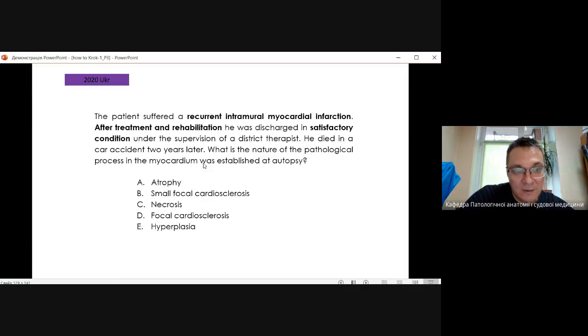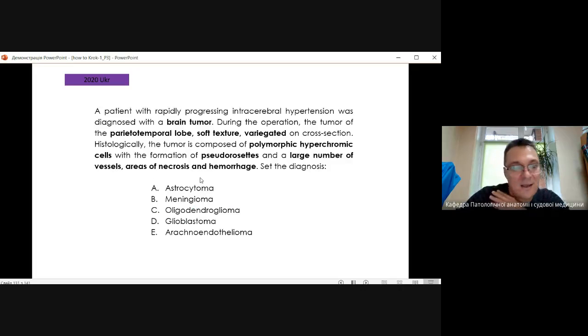And finally, he died in a car accident 2 years later. What is the nature of the pathological process in the myocardium established at autopsy? Focal cardiosclerosis. I would like to say rather large focal cardiosclerosis. So for sure, that's not the diffuse cardiosclerosis, which maybe you remember we discussed, when we got the non-obstructive atherosclerosis. Focal cardiosclerosis, that's the correct answer.